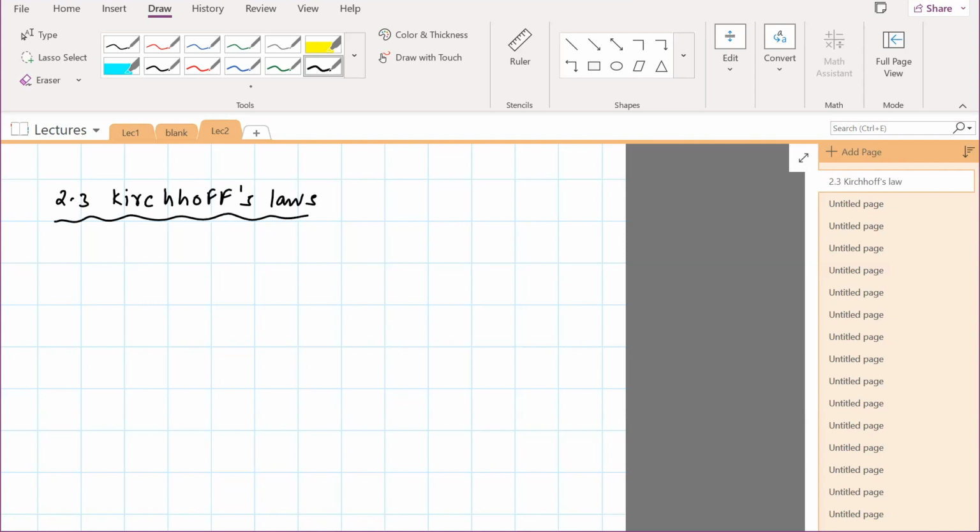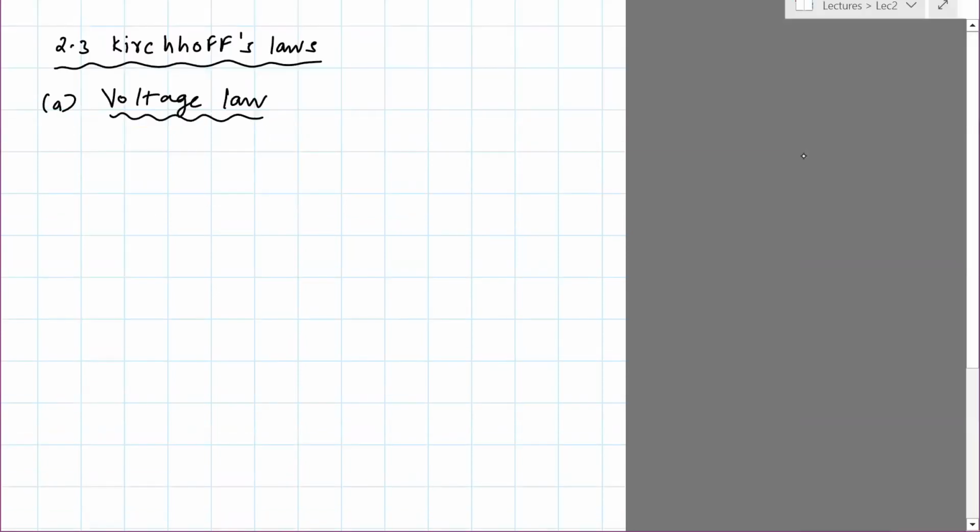Again, there are two laws. There's a current law and a voltage law. So let's look at the voltage law first. The voltage law states that if you see a loop, the sum of voltages in the loop adds up to 0.